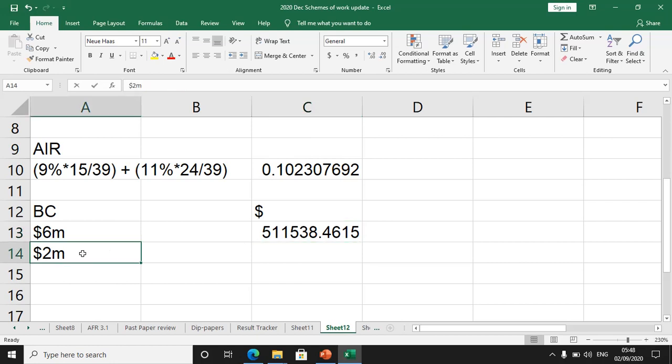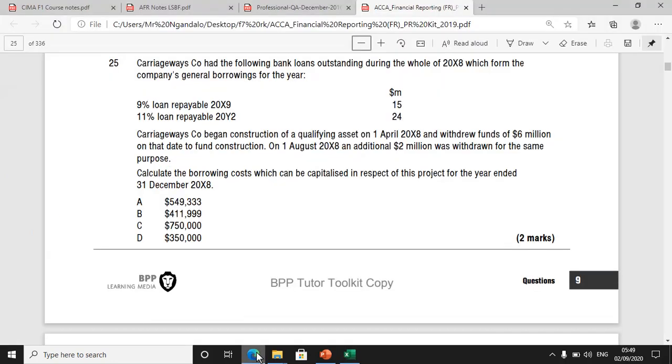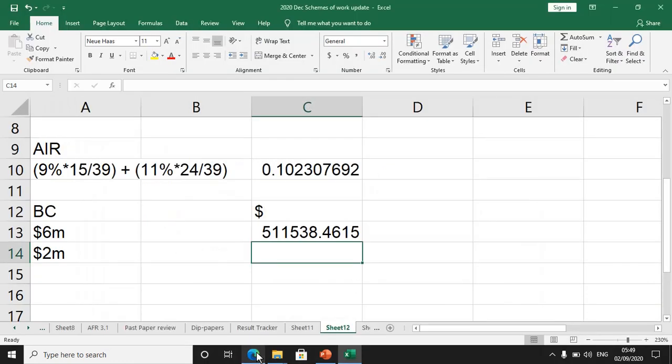All right, let's also do the same for the other amount there. So the 2 million was withdrawn on 1st August. Between 1st August and 31st December, we have about 5 months.